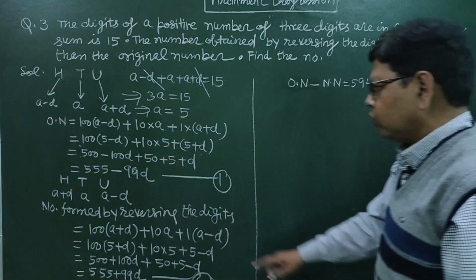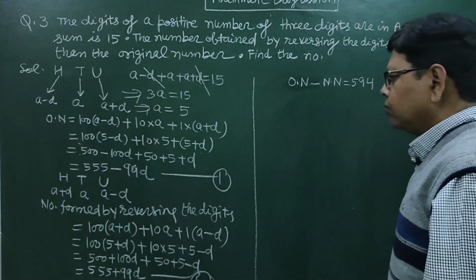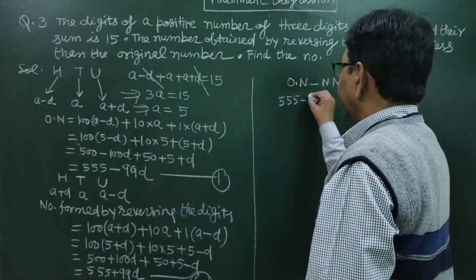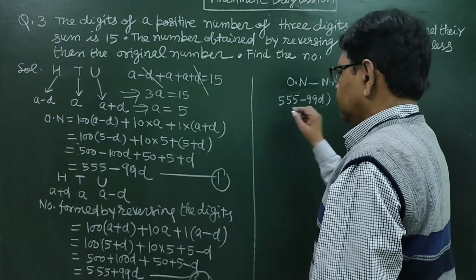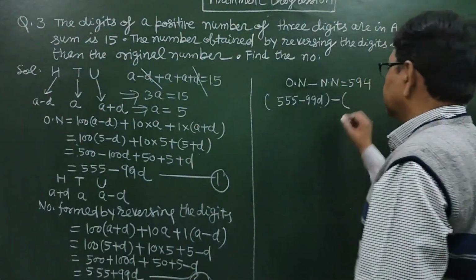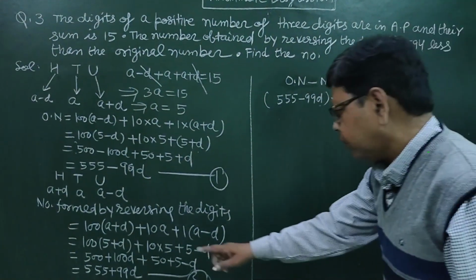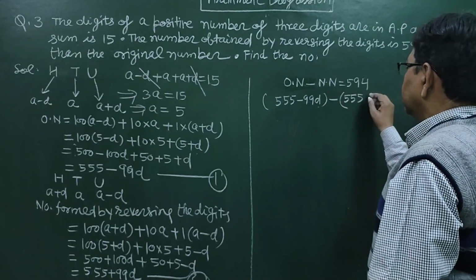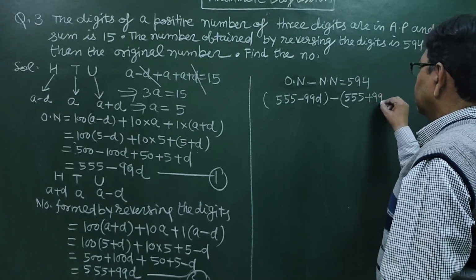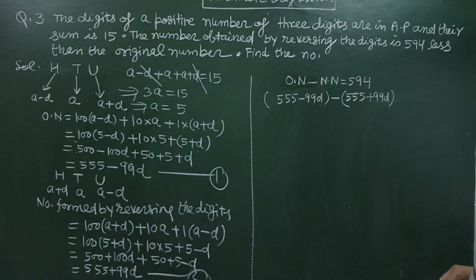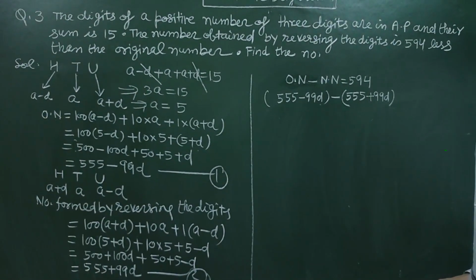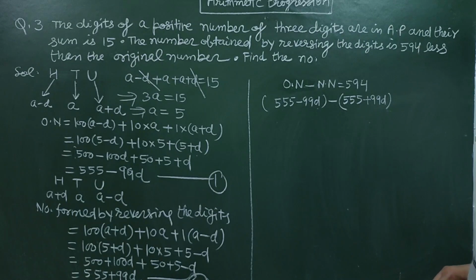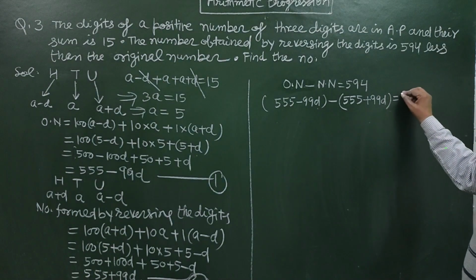Original number we have calculated, its value is 555 minus 99d, minus new number which is 555 plus 99d, is equal to 594.